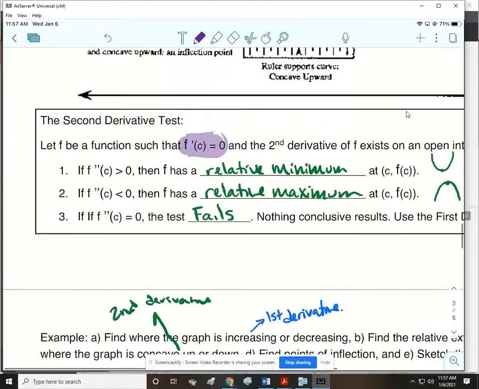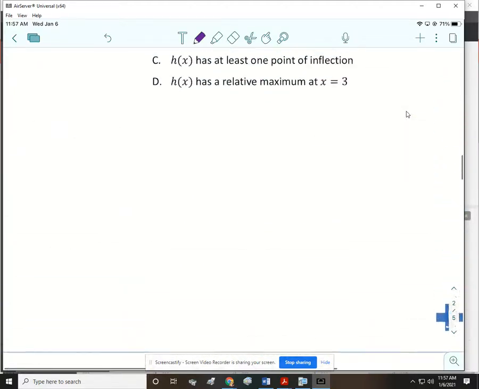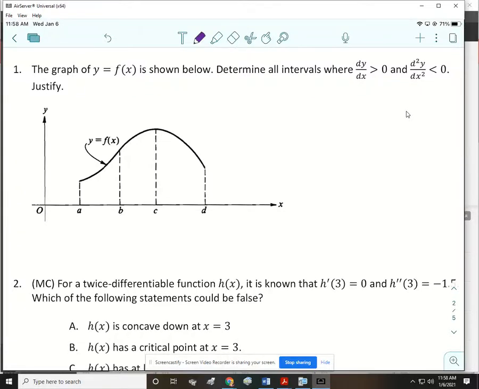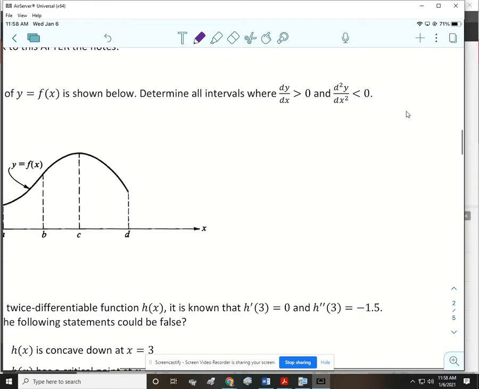All right, I am going to go back and do that very last part of the notes. So on example 1, we want to determine all the intervals where the first derivative is greater than 0 and the second derivative is less than 0. If the first derivative is greater than 0, that means the function is increasing. The second derivative is less than 0, that means the function is concave down.